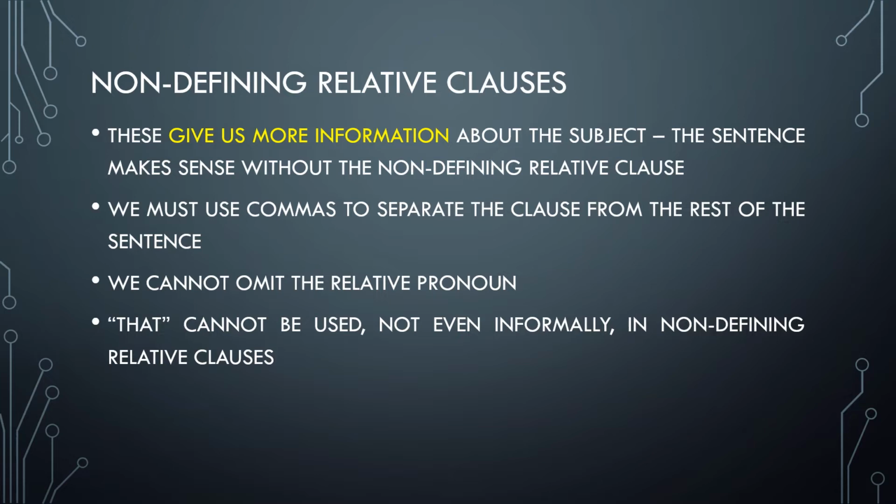We need to use commas to separate this clause from the rest of the sentence. It is, after all, just additional information. We cannot omit the relative pronoun, and that can't be used to replace the relative pronoun, who, which, whatever, not even informally, not in non-defining relative clauses.